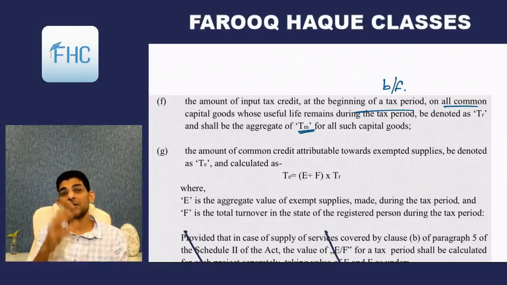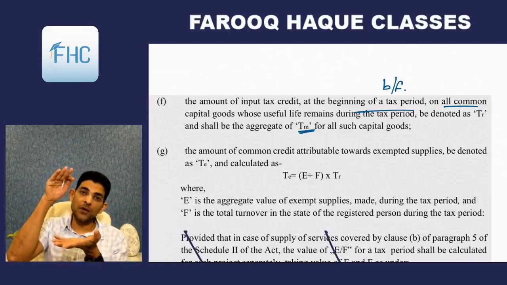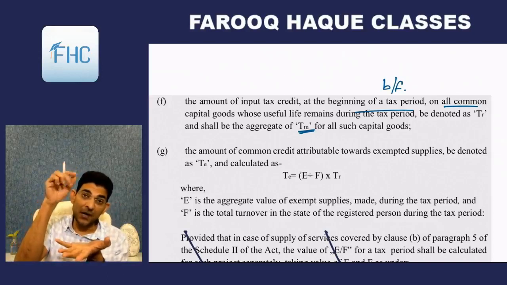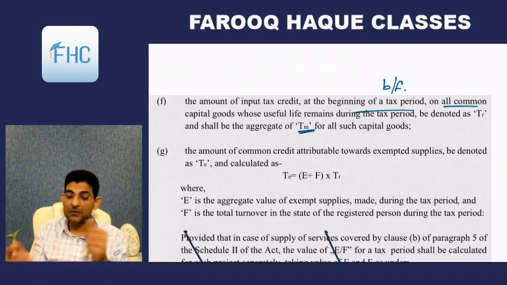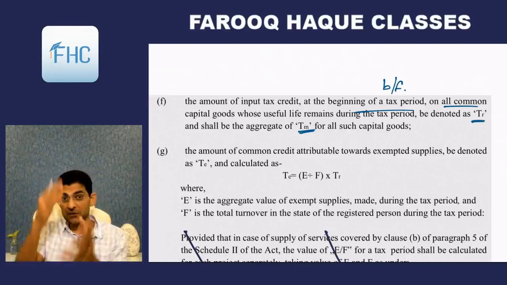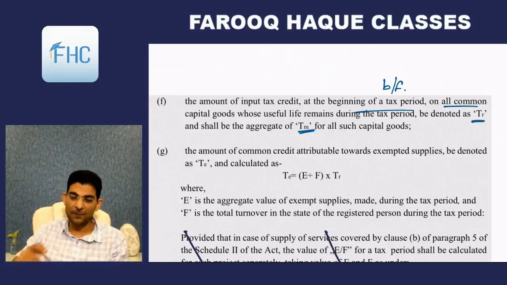So if there are 7 or 8 assets which are continuing over this month also, their useful life remains. So if I'm using 120 assets, I have got TM of all these assets. I will take them together, aggregate them, and they will be called TR. So aggregate of all assets which are still having the useful life will be called TR. Total of all assets is TR.